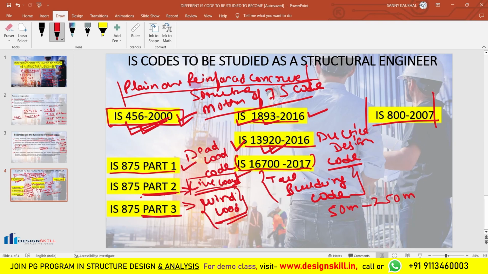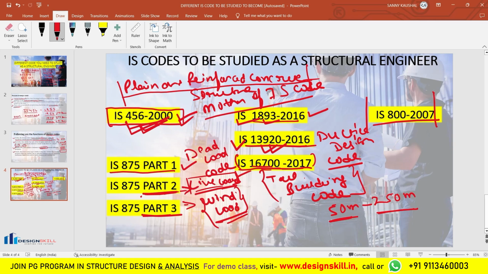All the clauses given in this code should be followed when you design a structure whose height is more than 50-meter, and this code is applicable for heights of 50-meter up to 250-meter. If the height is more than 250-meter, then this code is not applicable. This code is meant for tall building structures, or we can say high-rise structures.